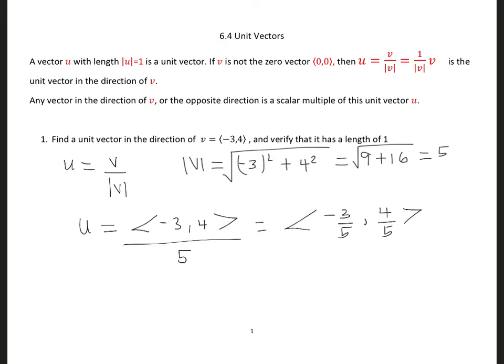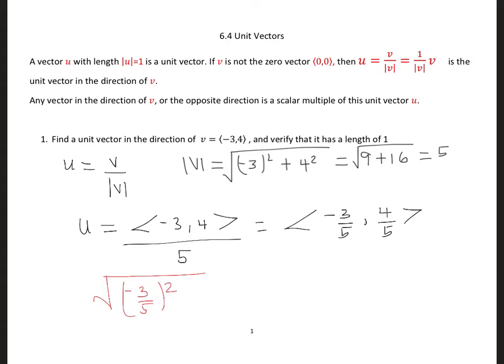And then I'm also told to verify that it has a length of 1. So I'm just going to find the square root of negative 3 over 5 squared.